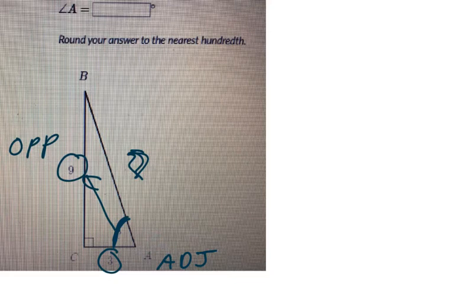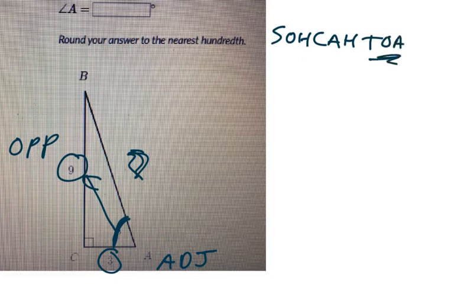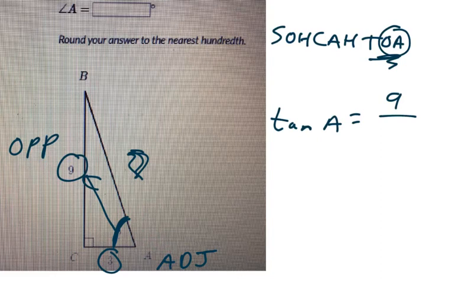So, according to some old hippie caught another hippie tripping over apples, we are doing tangent, opposite over adjacent. So the tangent of our missing angle A is 9, opposite, over 3, adjacent.